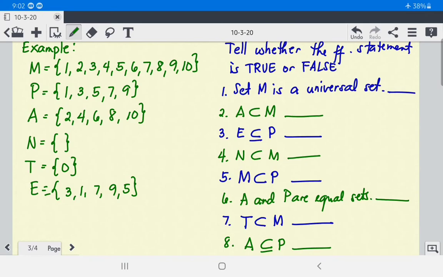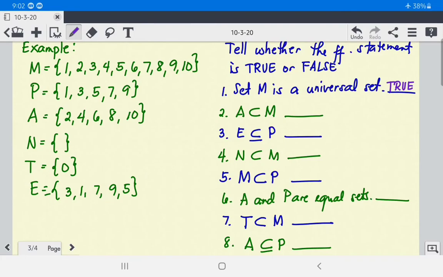So number 1, set M is a universal set. So this is true. Okay, so we have a true statement. So M contains all the elements of the other sets. That's why this set M is what we call the universal set.